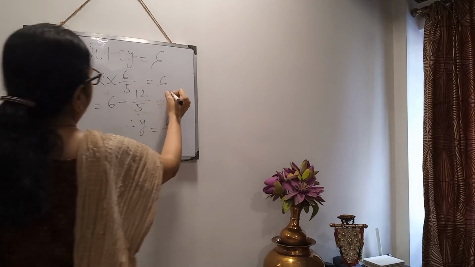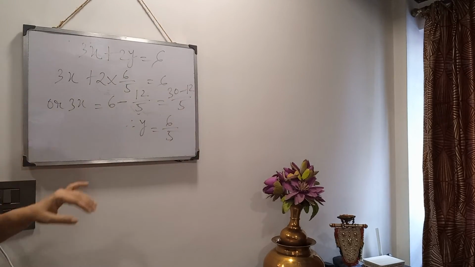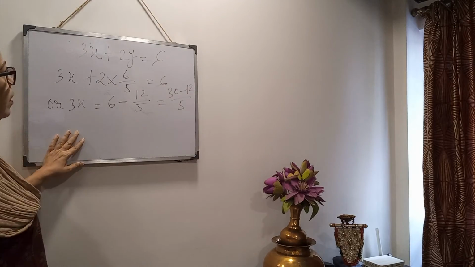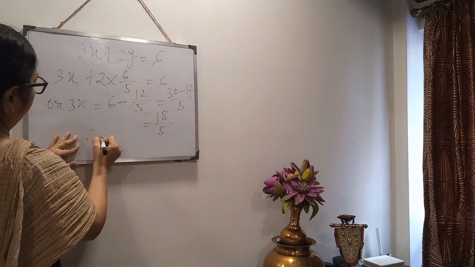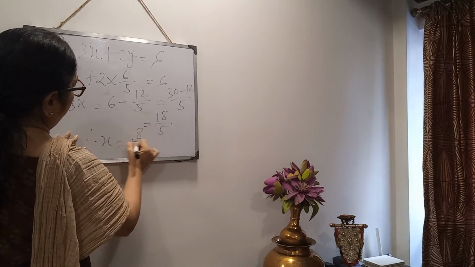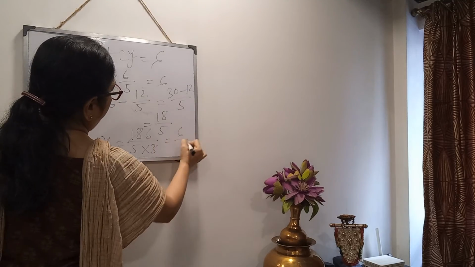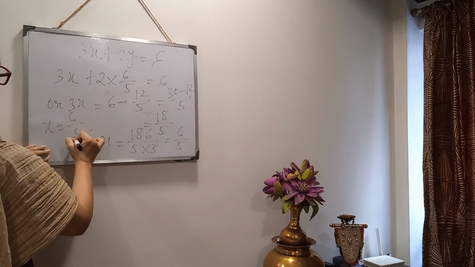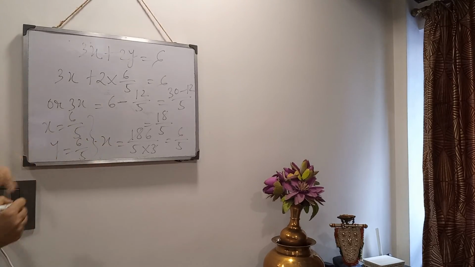That means 30 minus 12 by 5, which means 18 by 5. Yes, now it is coming. Therefore x equals 18 by 5 divided by 3, which is 6 by 5. So my solutions are x equals 6 by 5 and y is also 6 by 5. Clear? Now the next sum you will get in the next video.